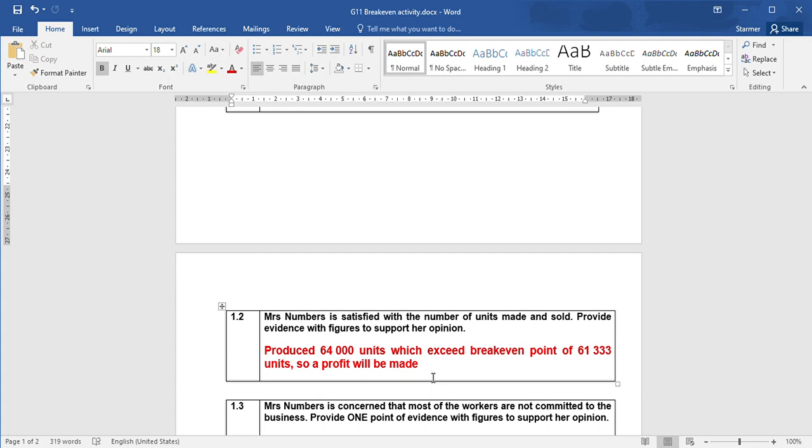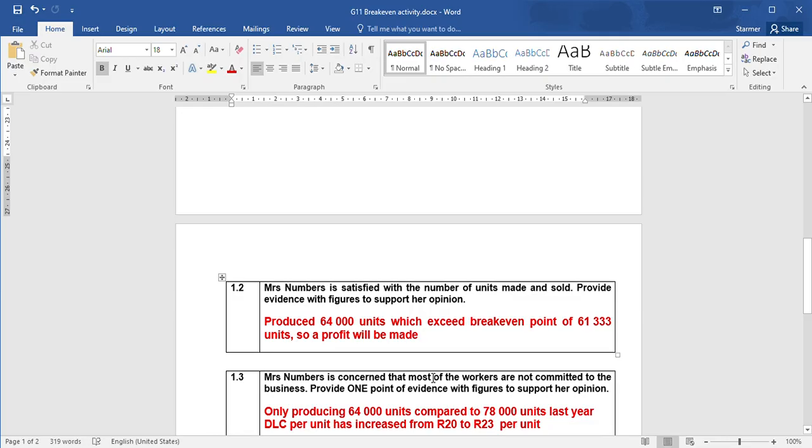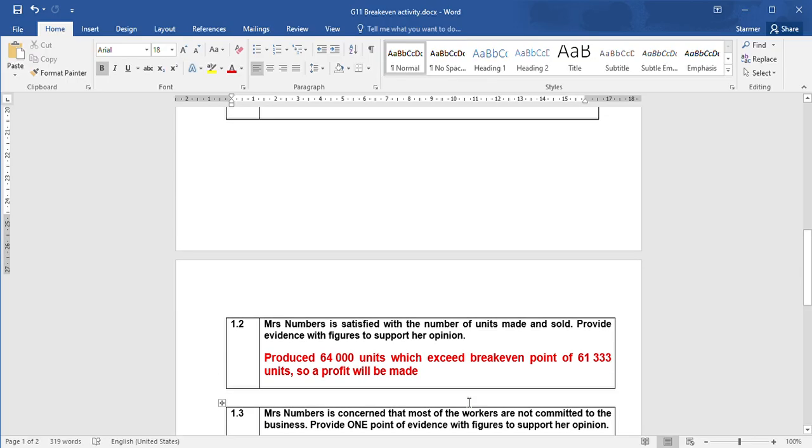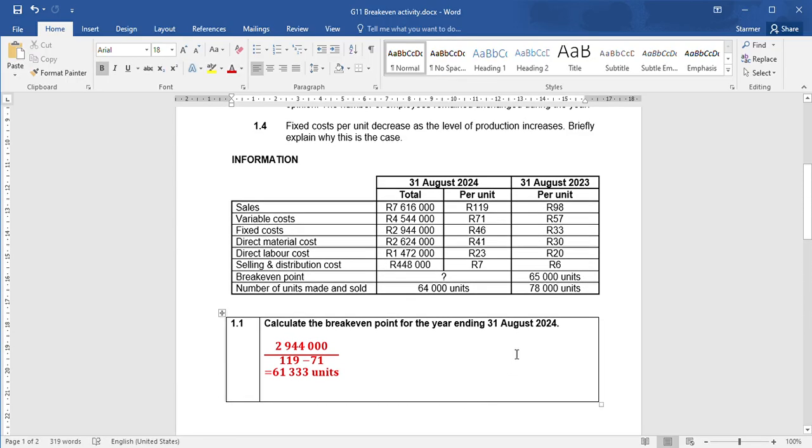Then Mrs. Numbers is concerned that most of the workers are not committed to the business. Provide one point of evidence with figures to support her opinion. Okay, if you look at your number of units made and sold, last year we made 78,000 units. The current year you only made 64,000 units. So your production level has actually dropped, and that could be caused by workers not being committed to the business itself.